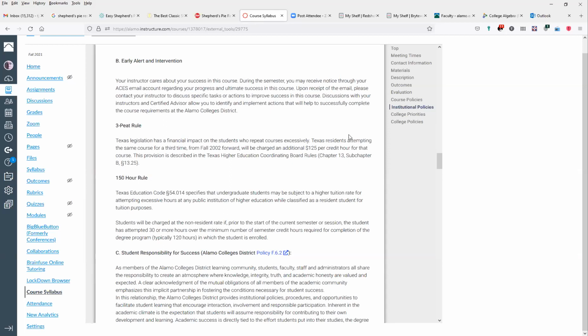And the early alert is basically, are you in danger of failing based on what's going on here? And so if I think you're on the cusp, I'll put you on there. If your grade is like you made a high D or something like that, and you're doing all your homeworks, I'll put you on there only because you might need the extra help.